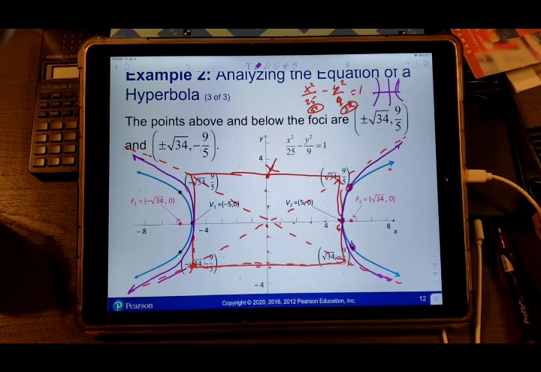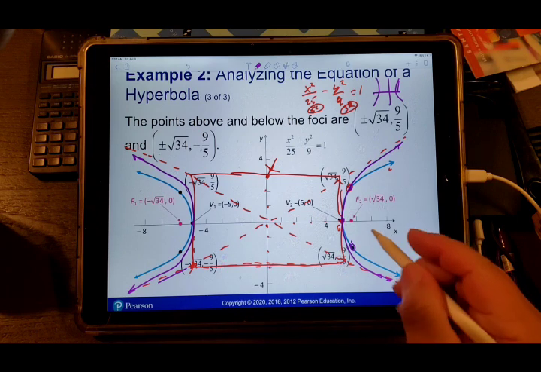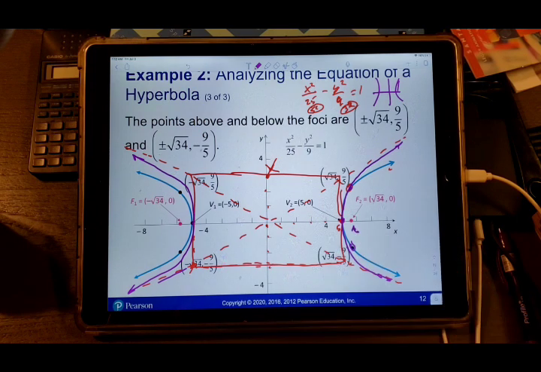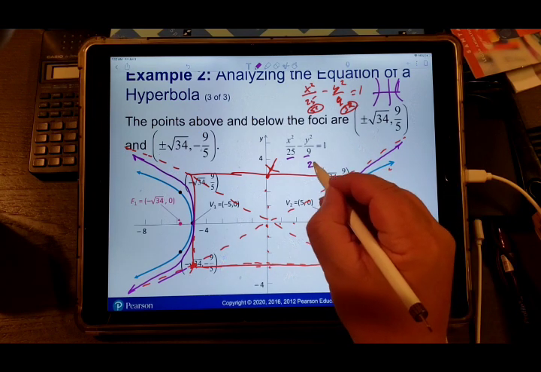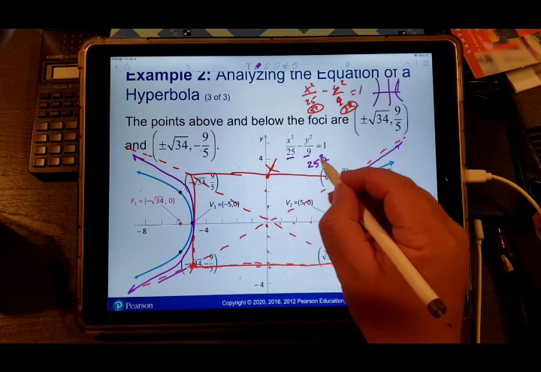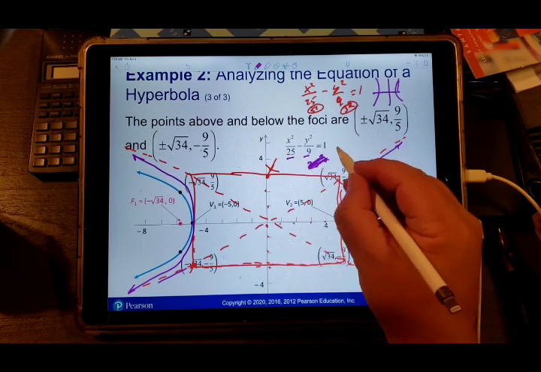Now, this wouldn't be college algebra without them asking you to find the focus or the foci. What is that? How do I find that? Well, I take these two and just add them together. Remember, a squared is 25.